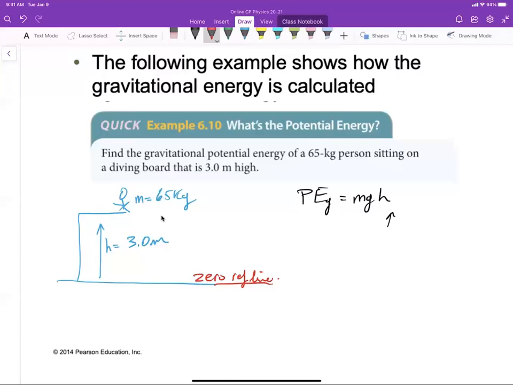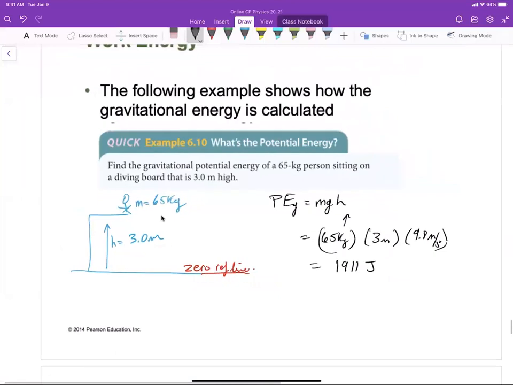So height in this case is 3 meters. So we will have 65 kilograms times 3 meters times g, which is 9.8 meters per second squared. And we will find that number to be 1911 joules.